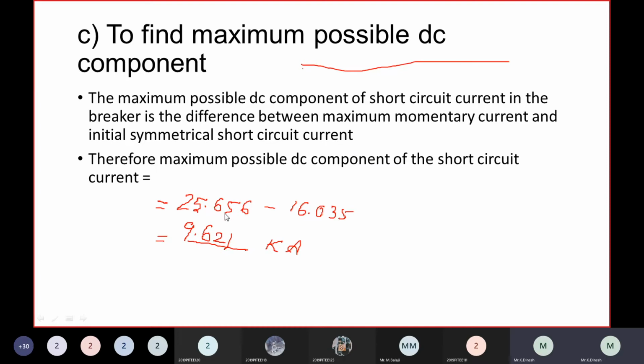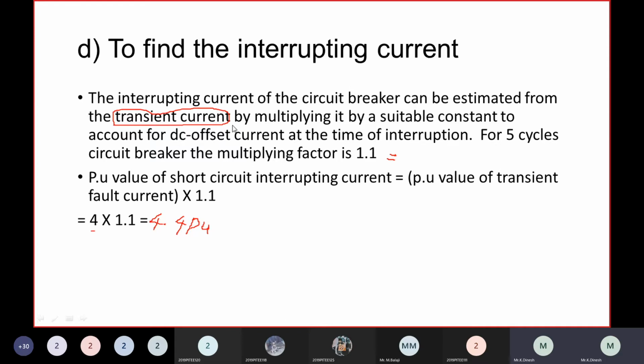The maximum short circuit current is 25.656 and the RMS short circuit current is 16.035. Once you take the difference between these two, you have the maximum possible DC component current, which is 9.621 kiloamps. So C is over.